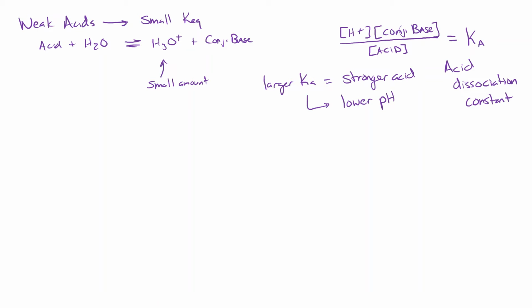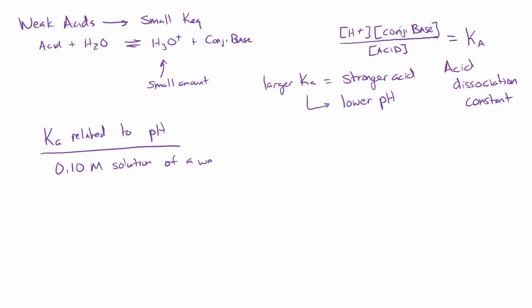Now this is interesting because now Ka and pH are related. So let's say I have for you a 0.10 molar solution of a weak acid, and you measure the pH, and the pH equals 2.38. The question is, what is the Ka?